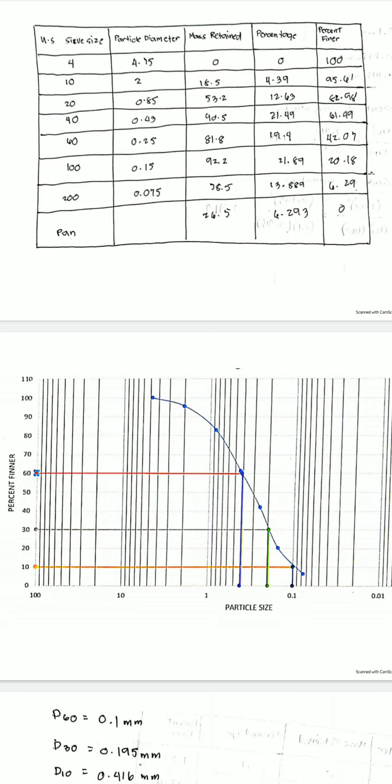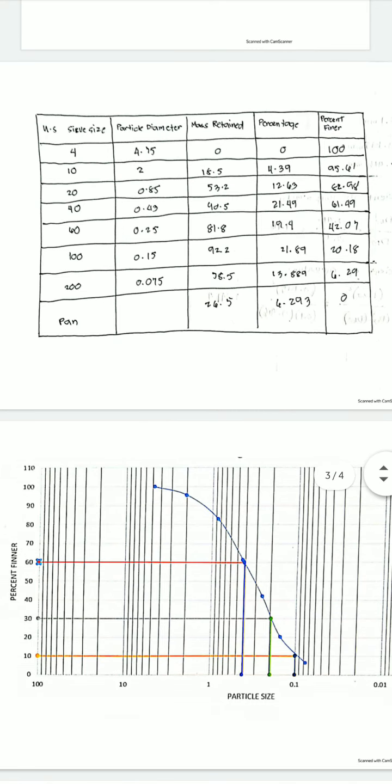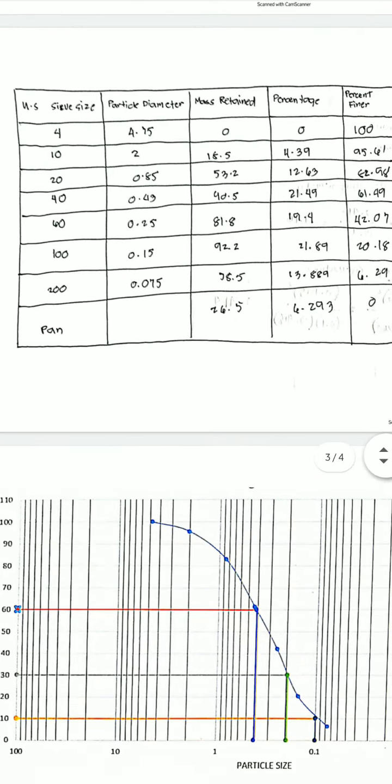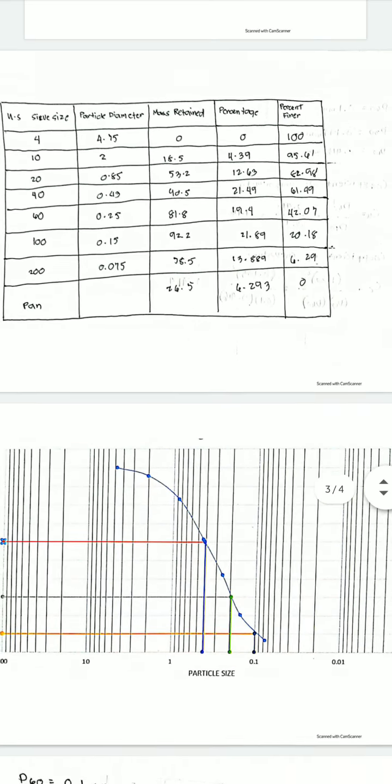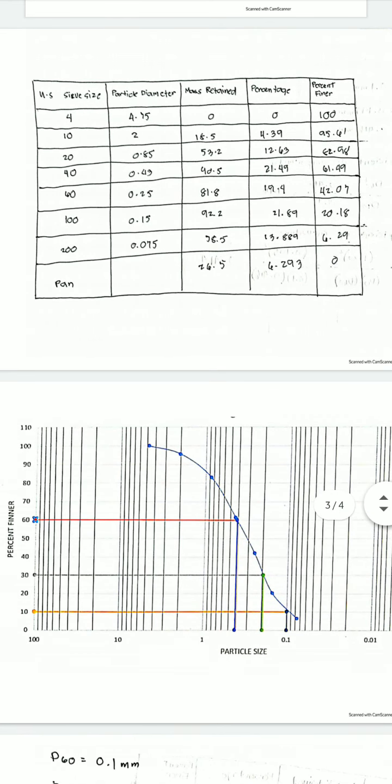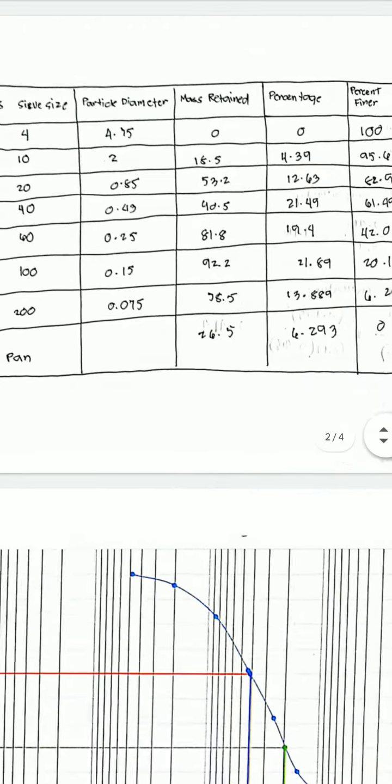And then to find D60, D30 and D10, we need to interpolate. I use the TREND formula in Excel using the percent finer and the particle diameter.